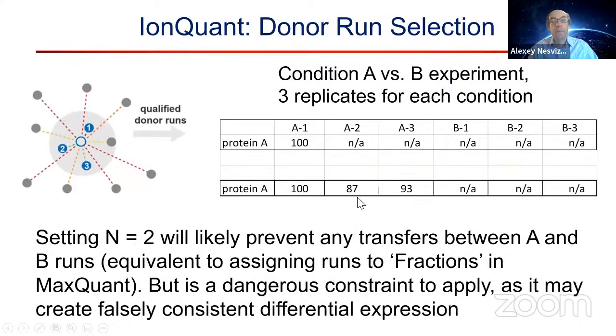Another scenario to think about that's really interesting is we often have a situation when we have two conditions, for example, condition A and B, and say we have three replicates for each condition.